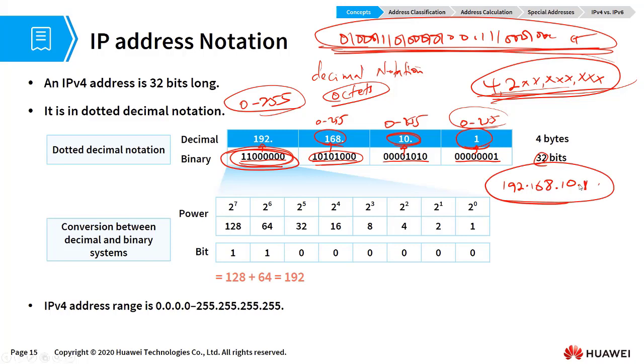But this, in fact, was 32 bits in size that we have written as dotted decimal notation. So we typically write our IP address in dotted decimal notation, but the IP address itself is 32 bits in size, a binary. Keep that in your mind.